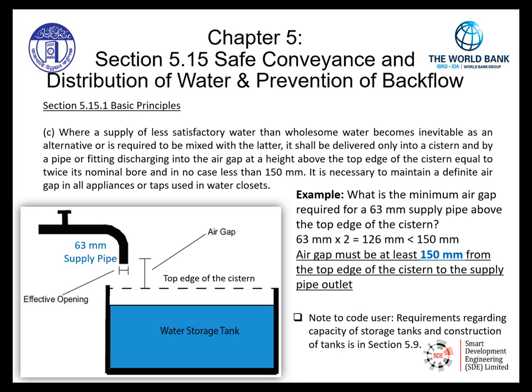That is less than 150 millimeters that is given to us in item C as a minimum air gap. Therefore, the air gap must be at least 150 millimeters from the top edge of the cistern to the supply pipe outlet. A note to the code user: requirements regarding capacity of storage tanks and construction of storage tanks is located in section 5.9.